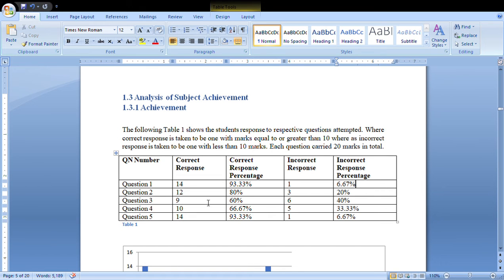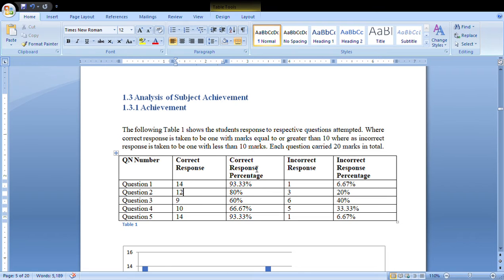For question 2, the same thing. We have 12 students who had a correct response, meaning out of the 15 students, 12 were able to get 10 marks or more. That is how we classified a correct response, having 10 or greater than 10 in the marks for that respective question.